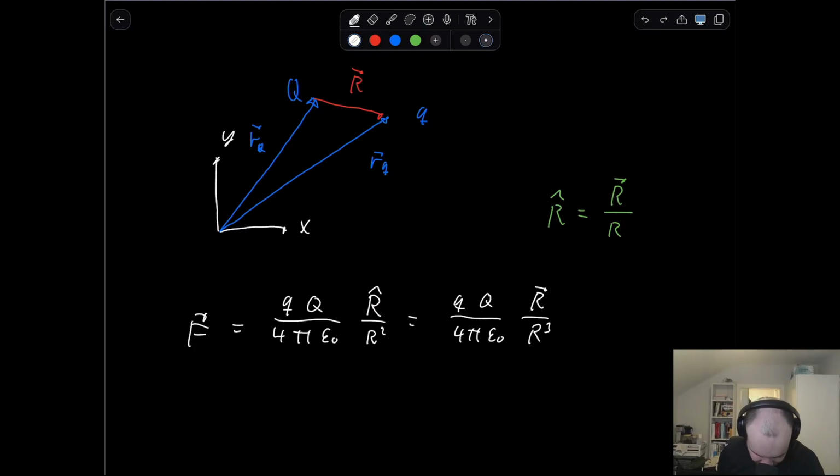Okay. Yeah. And this, of course, is very similar to Newton's law of gravitation.